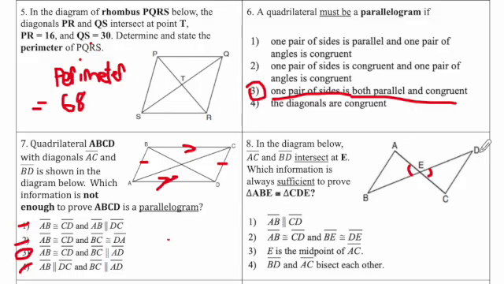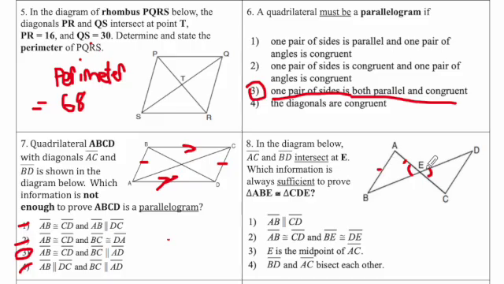AB is parallel to CD. That does leave us with a lot of information, but those are all angles. Angle, angle, angle is not enough to prove it. We could find the alternate interior angles congruent, but it's not enough to show that the triangles are congruent. So let's take a look at the next one.